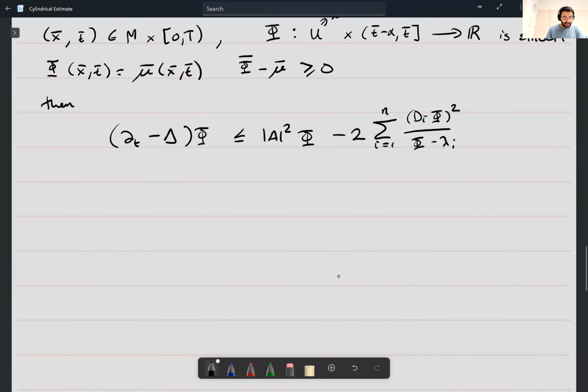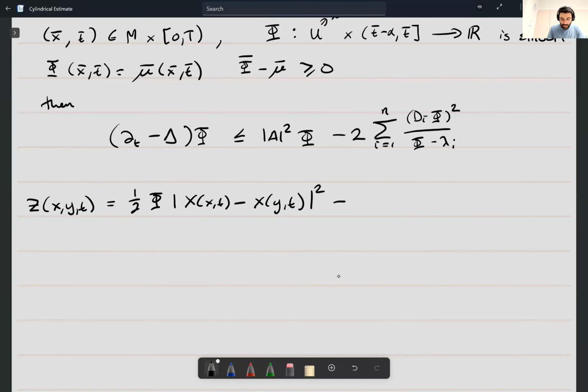But maybe it's slightly easier to consider a slightly different function, z(x,y,t), which is equal to half of phi times |X(x,t) minus X(y,t)| squared minus the inner product of X(x,t) minus X(y,t) with the normal vector at x.